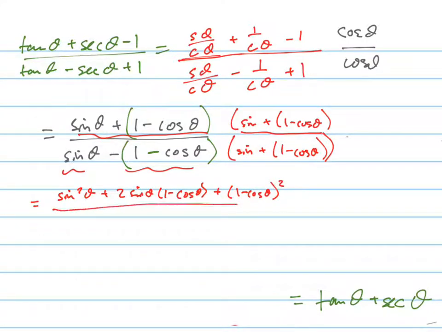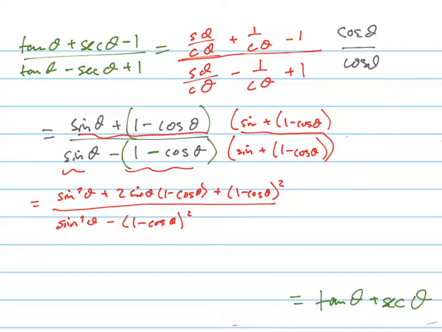And then in the bottom, you'll notice that it's a plus b times a minus b, which equals a squared minus b squared. Okay? Now I'm going to simplify this as much as I can.